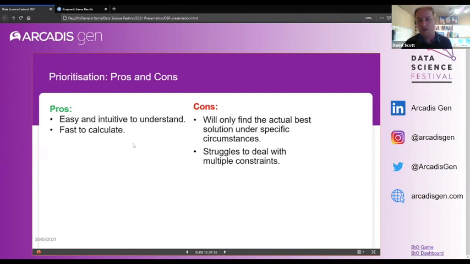But in reality, we might have also been constrained by the size of the bag, the total volume of it. If I can't physically get it out of the door because it's so big, that might be a problem as well. So I might be constrained on multiple fronts. Indeed, in the real world, generally speaking, it's not just budget constraints, but also resource constraints and access constraints and various other targets that we need to meet. And prioritization algorithms really struggle to deal with multiple constrained problems.